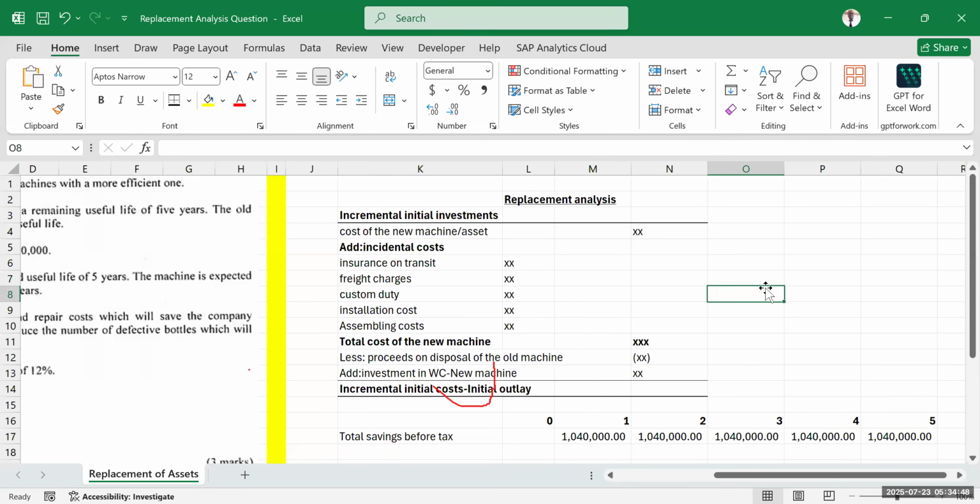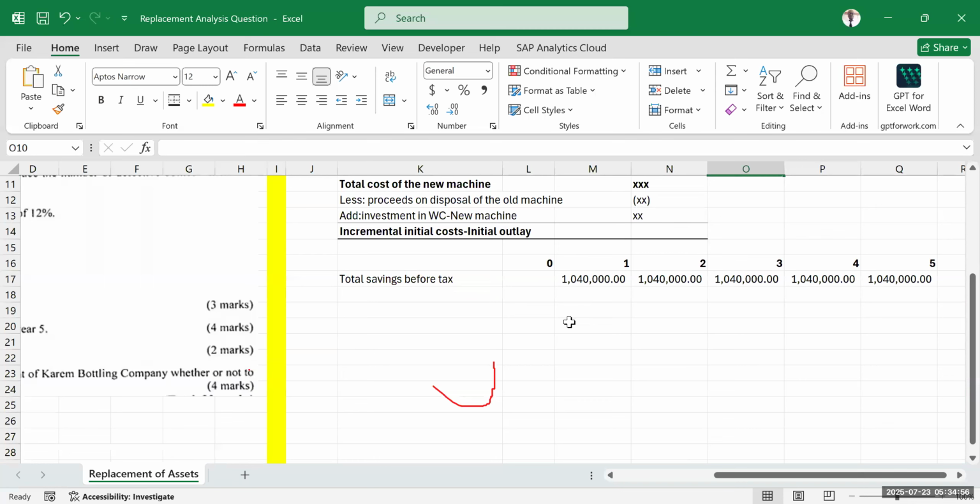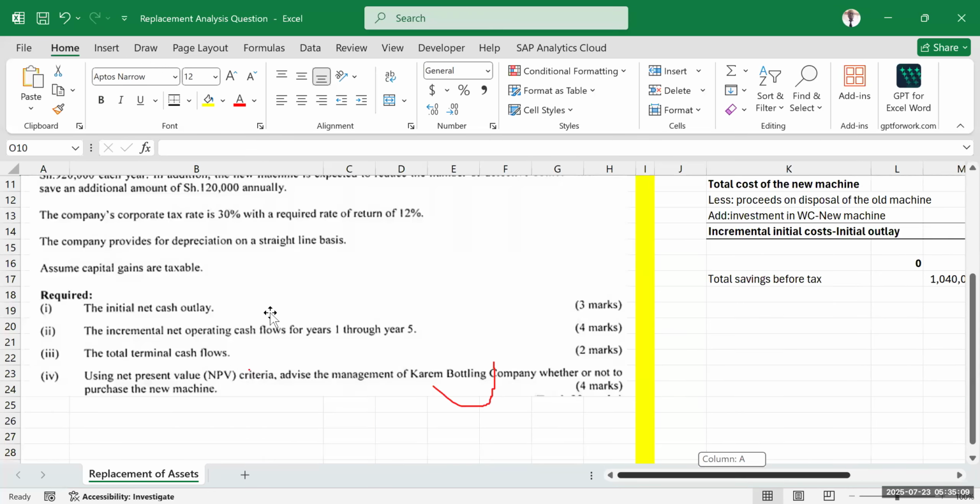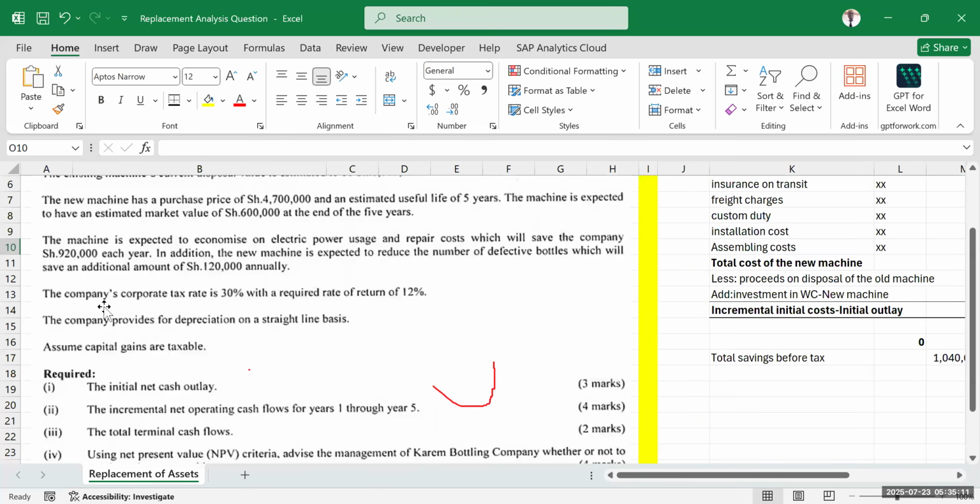Good. Now, after looking at this total savings we'll be having across the years, we ask ourselves, this cost savings started before tax. So what is the tax expense that we are going to incur on this total savings? Somewhere the examiner mentioned something to do with tax, and they said the company's corporate tax is 30%, and the required rate of return is 12%.